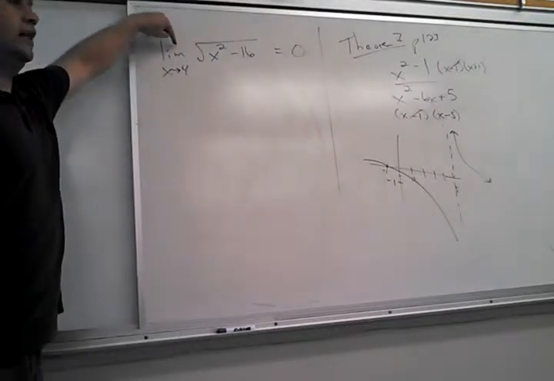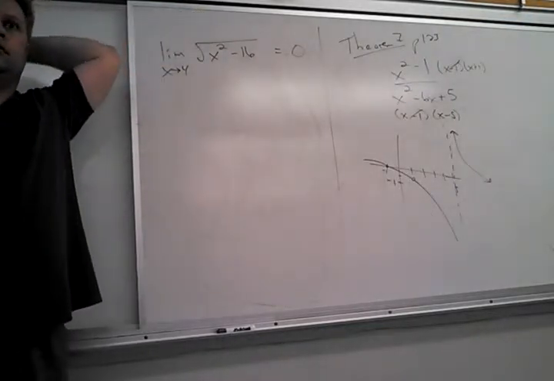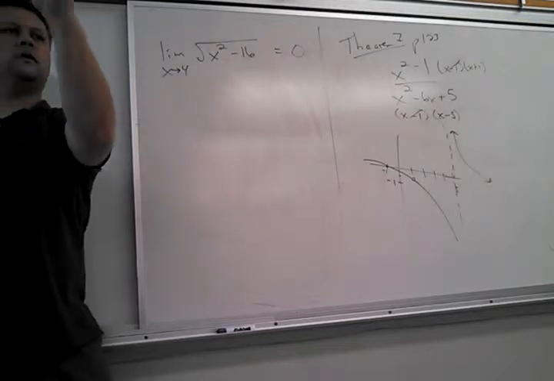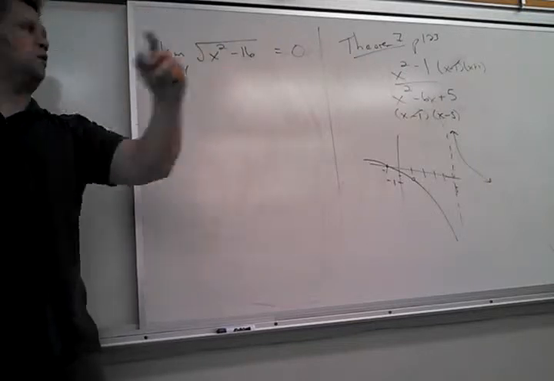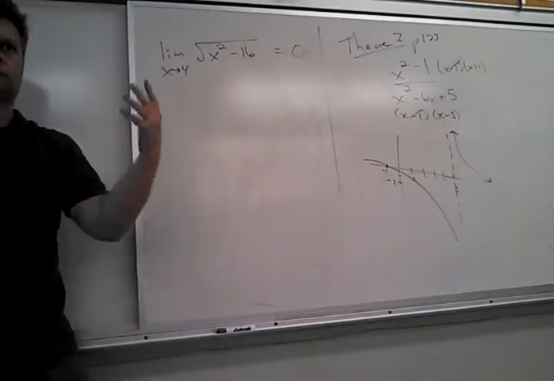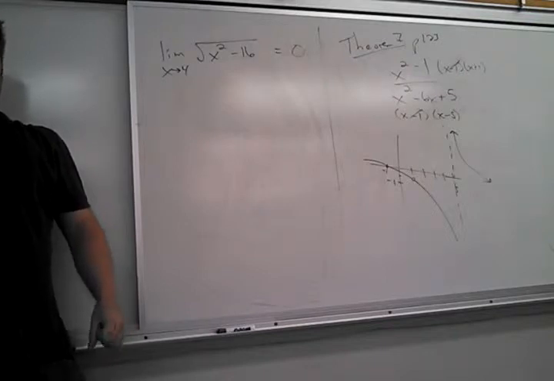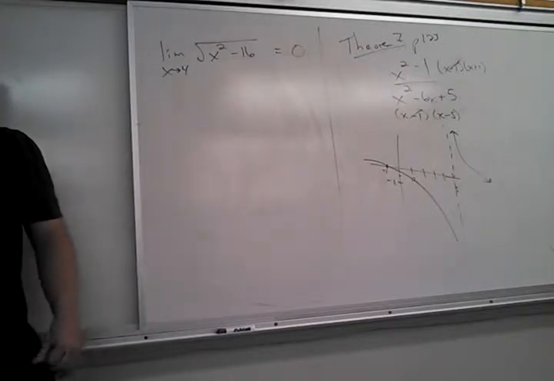So if the question is a limit question, and this is a continuous function, plug it in. The function value will be the limit. So we've already been doing this, but now that's why we're allowed to do that. All right?